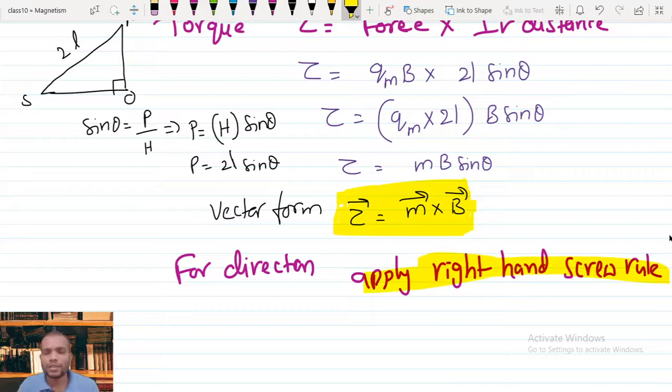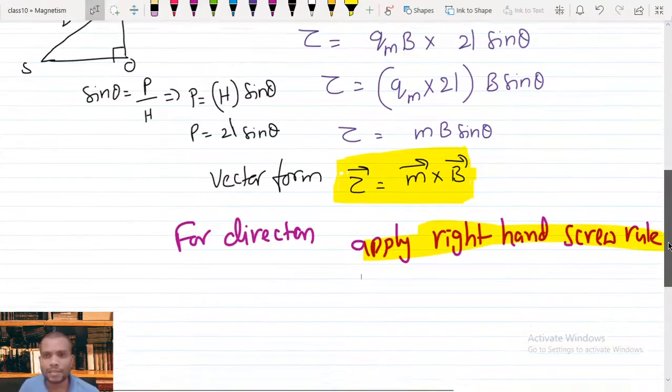Like rotating a bottle cap, to open you rotate in one direction and to close you rotate in the other direction, so the resultant direction changes. Here also the resultant direction of torque depends upon M bar cross B bar.